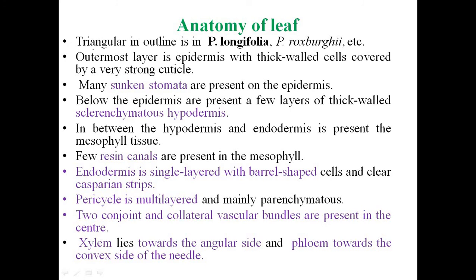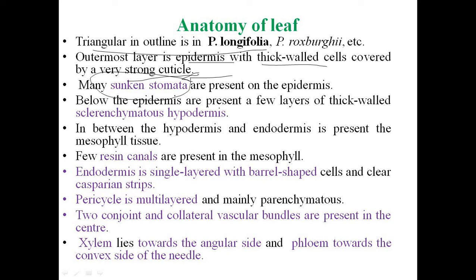Leaf is triangular in outline most of the time. The outer layer is epidermis, thick-walled with a strong cuticle, and it has sunken stomata, which is an adaptation for xeric conditions.